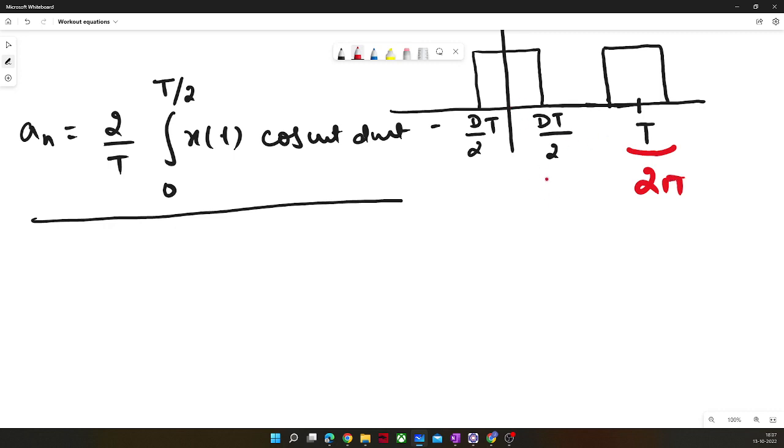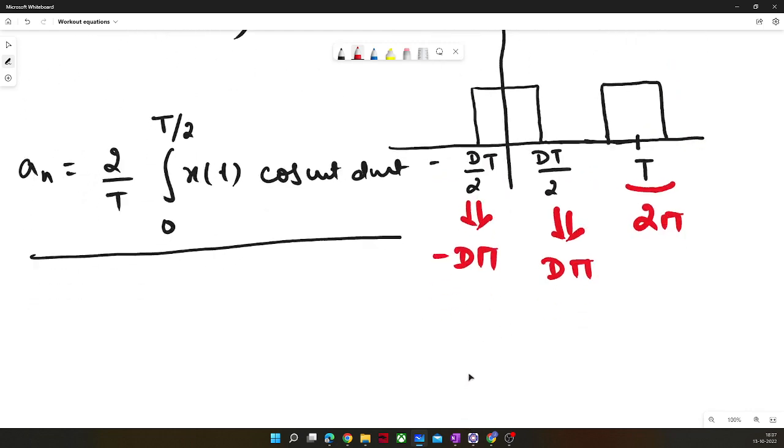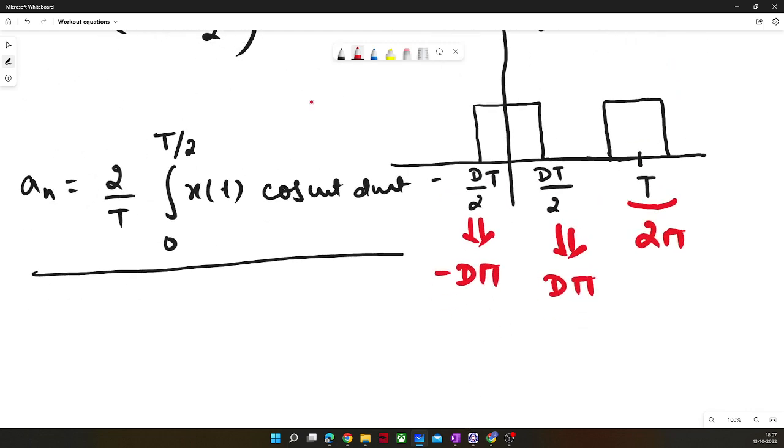And if it is 2 pi, then DT by 2 becomes D pi, and this becomes minus D pi, right? And this value was Vs.